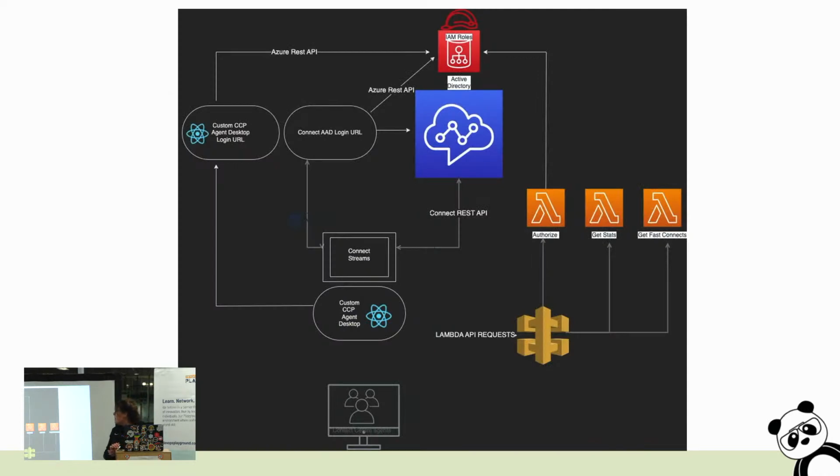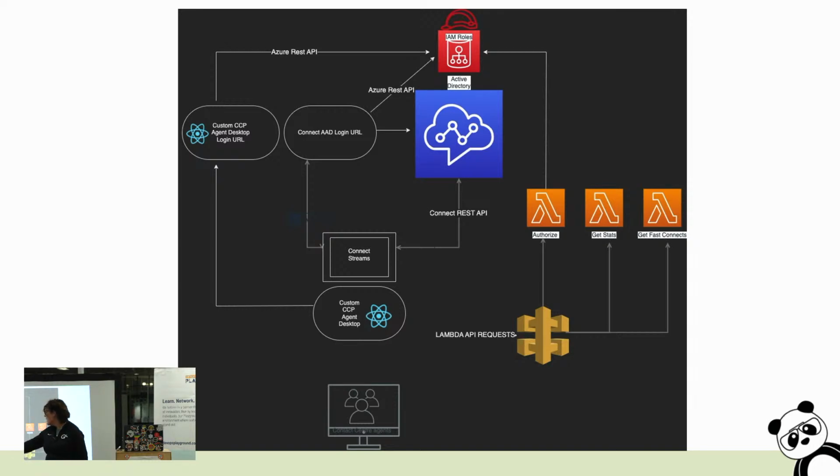So a quick example of a way that I'm using API testing at the moment. Some of you may know this is the AWS symbol for the Connect application, which is a telephony contact center application. So out here, we've got our users who are the agents in the call center.